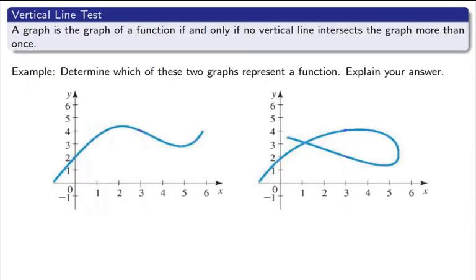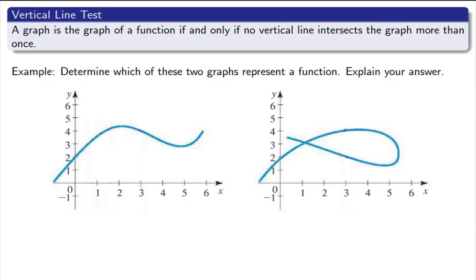So here's another way we can look at functions. If we look at it from a graph, there's a very easy test to determine whether something's a function. What we do is we simply use what we call the vertical line test. The vertical line test says that you have a function from this graph if no vertical line intersects it more than once.